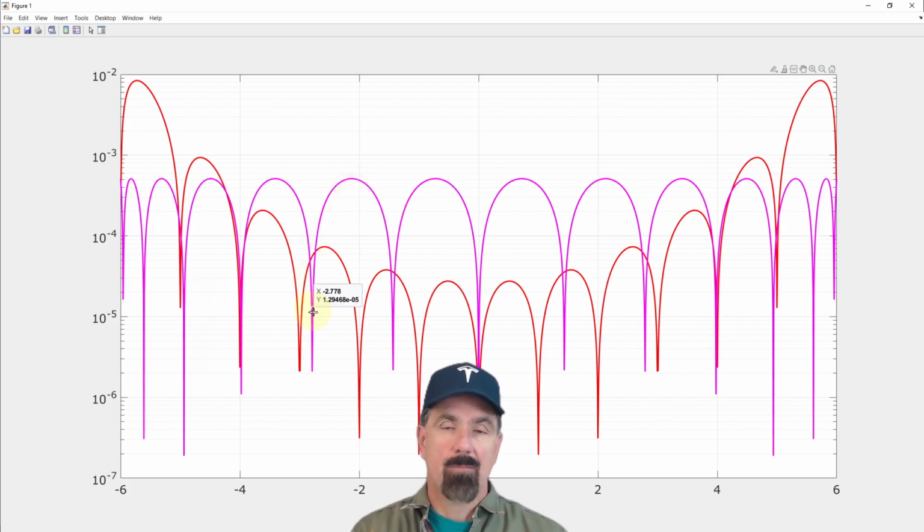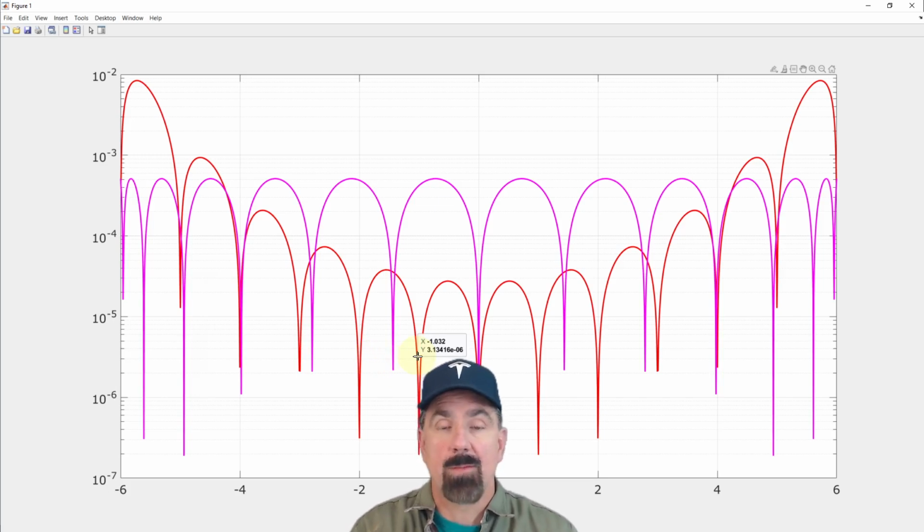Obviously, at the points that we are interpolating, the error is 0. That's why we have these values that come down. So if we have the opportunity to select points, which sometimes we do and sometimes we don't, whenever we have a choice about selecting points and we're going to do interpolation with polynomials, we want to choose the Chebyshev nodes.